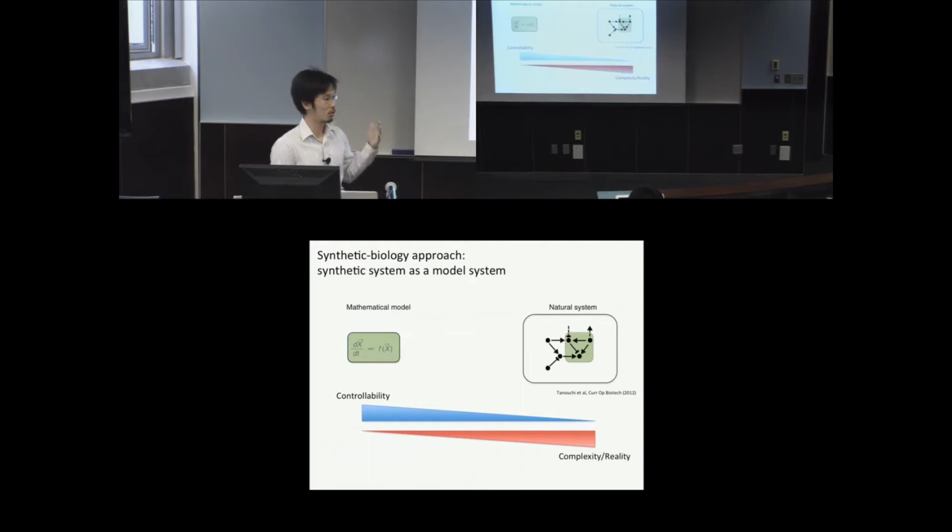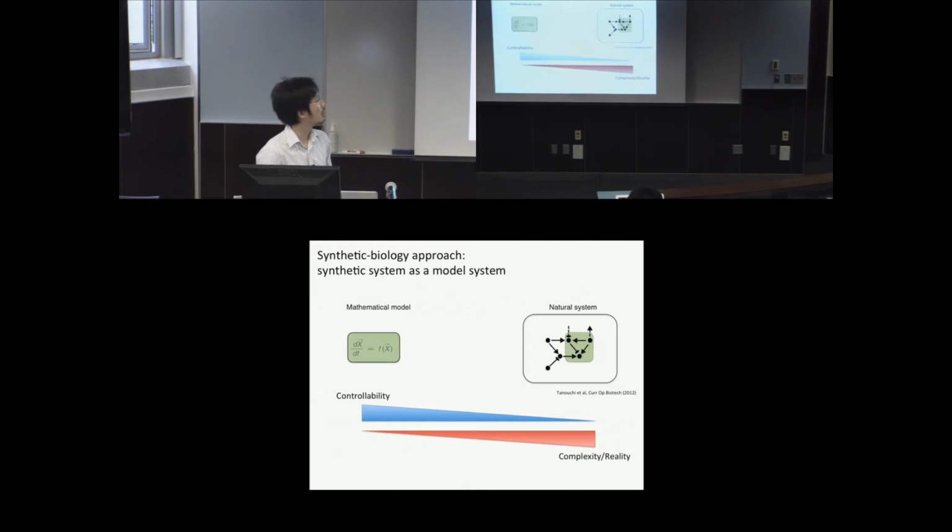You can change whatever parameter you like. But on the other hand, it's a hypothetical thing, most likely far from reality, or it may not even entail the full complexity of the system.